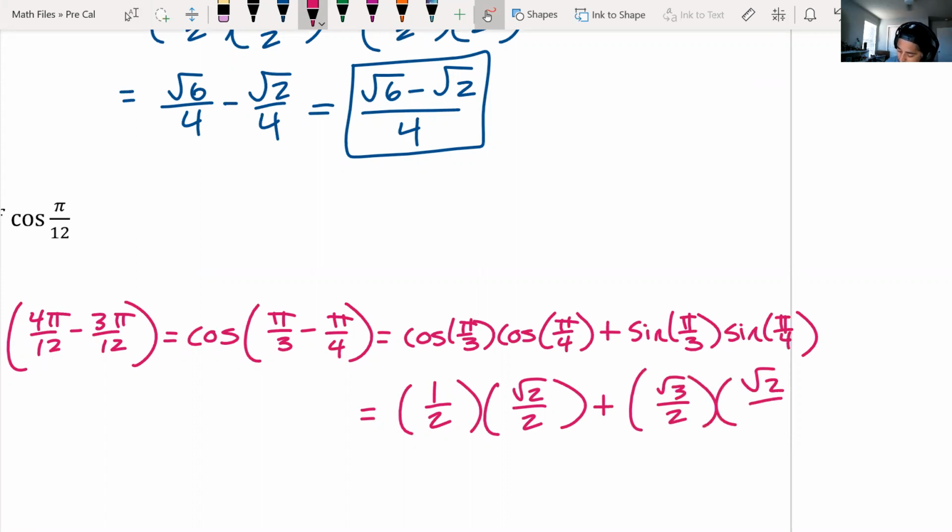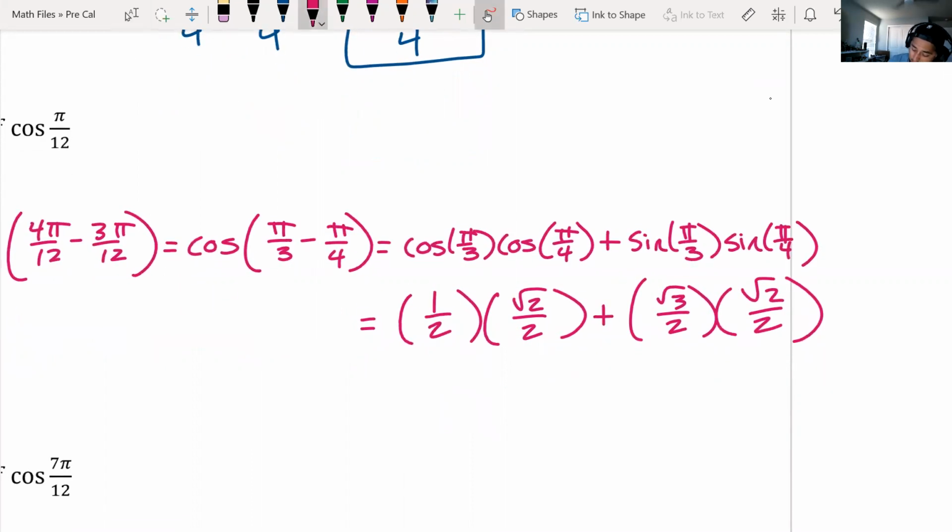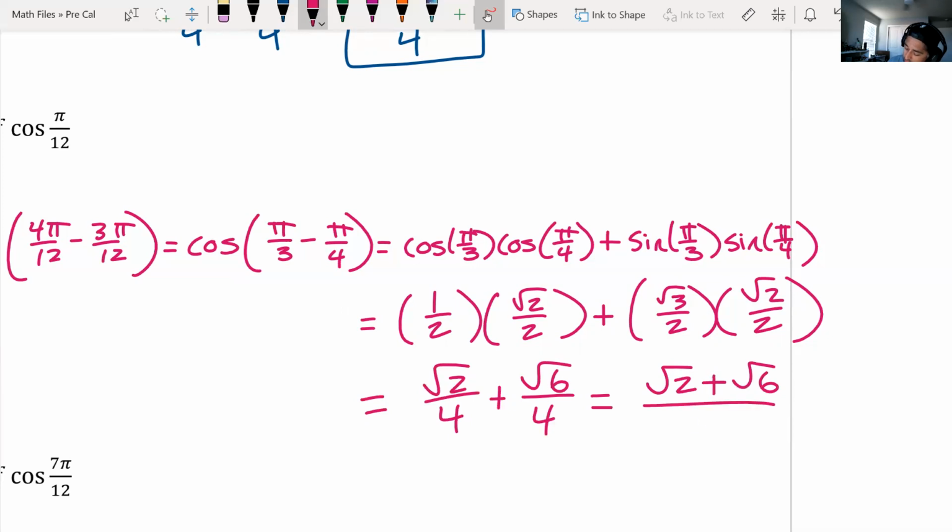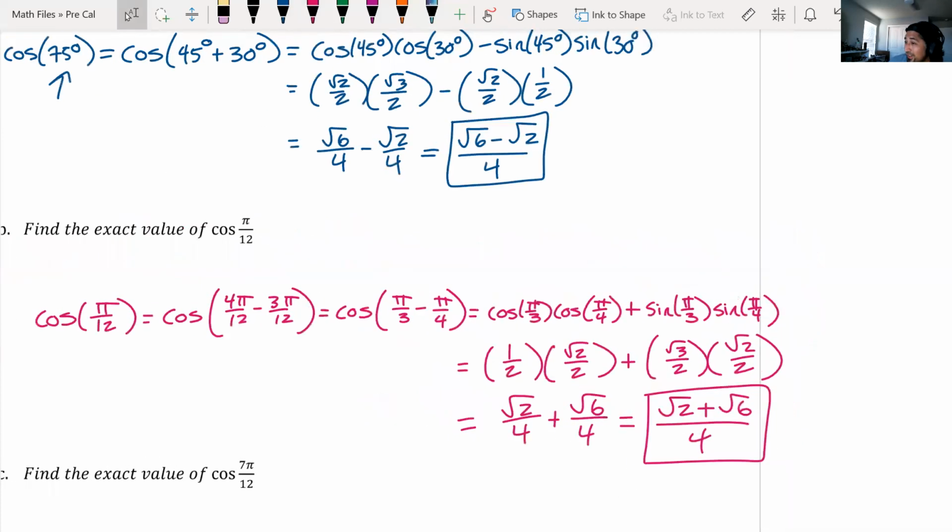Square root of 2 over 2. There you go. Put it together and you get square root of 2 over 4 plus square root of 6 over 4, which is square root 2 plus square root 6 over 4. Very similar to the one above, right?